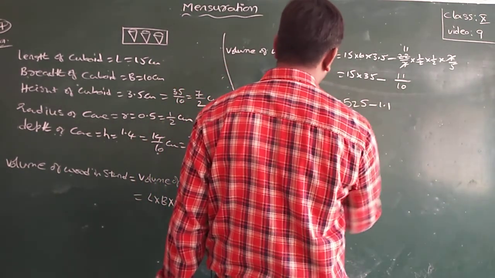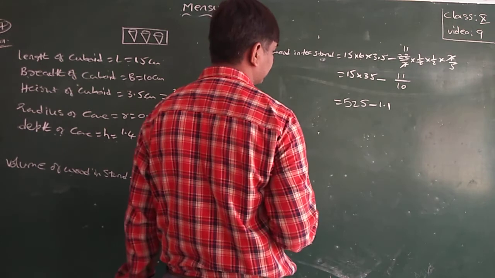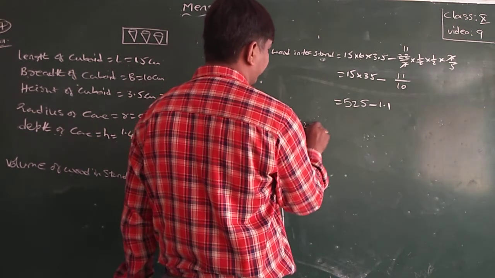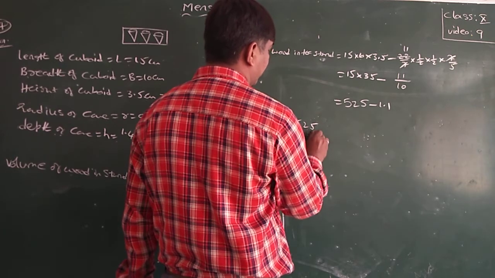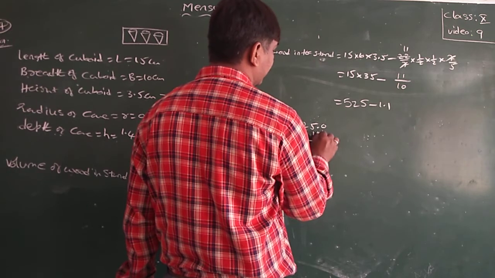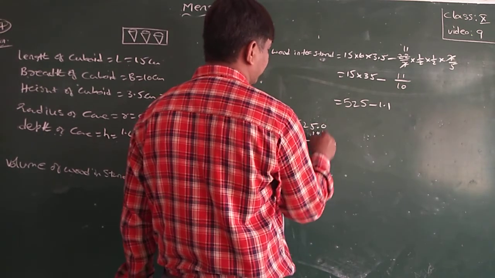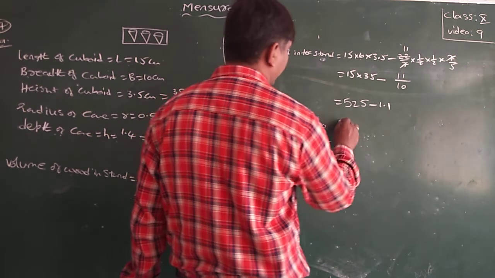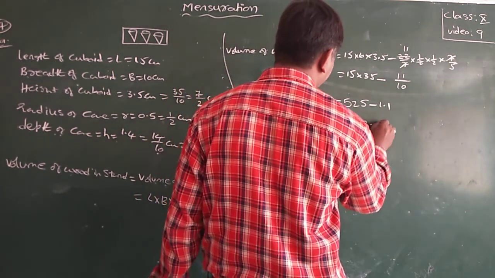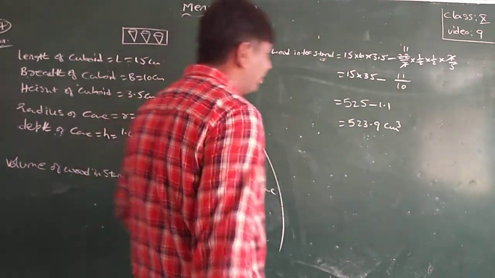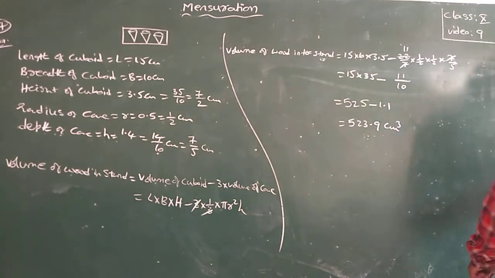Minus 11 by 10, which is 1.1. 525 minus 1.1 is 523.9 centimeter cube.